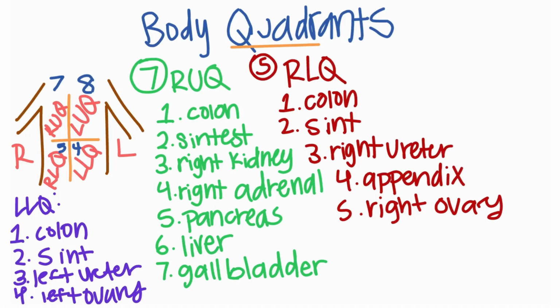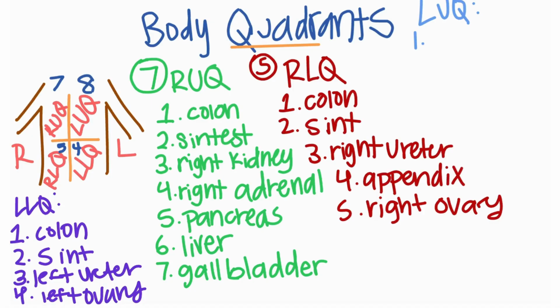Okay, and then finally we have the left upper quadrant. And in the left upper quadrant, there are 8 organs. So, left upper quadrant. All right.